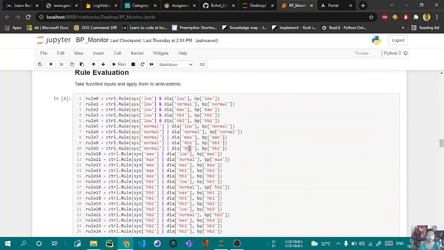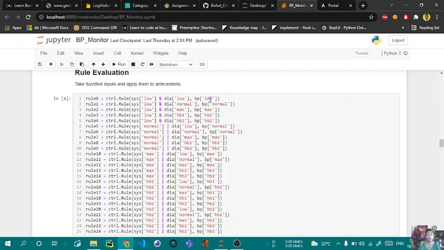Here in rule evaluation, we take fuzzified input and apply it to antecedents. If we have low systolic and low diastolic, we have low. If systolic is low and diastolic is normal, we have normal.